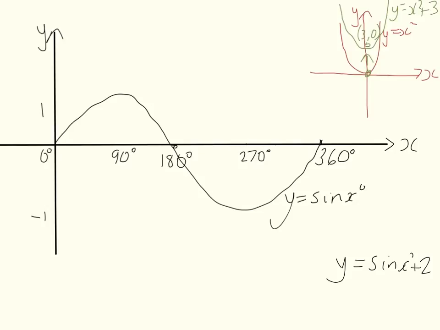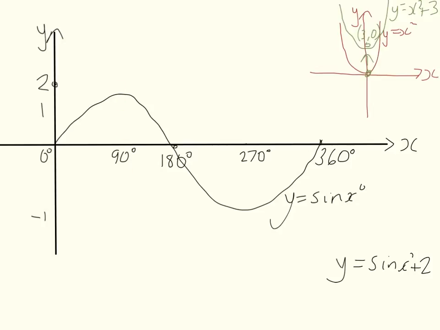Okay, so if our usual graph starts at 0, it is in fact going to start at 2. Because basically all these points are going to shift up 2 places.